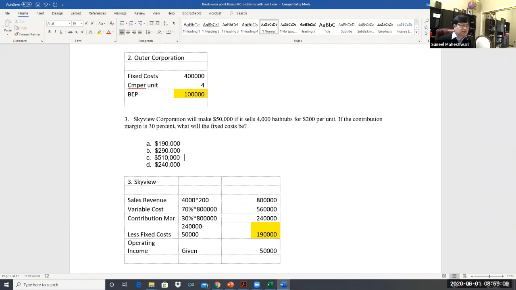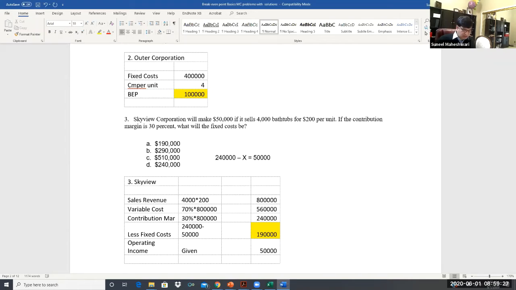That's what I'm saying. It's an algebra equation: 240,000 minus X is equal to 50,000. Can you not solve this equation? It's a simple linear equation, right?